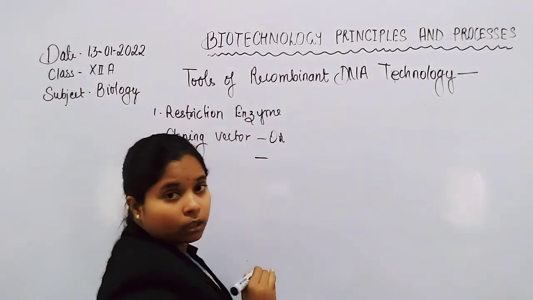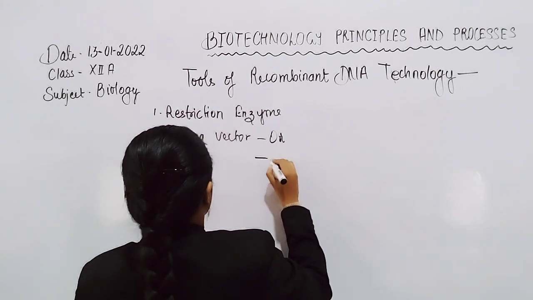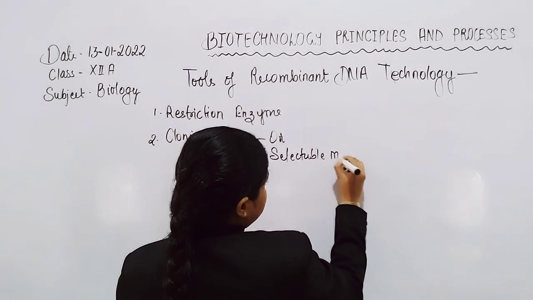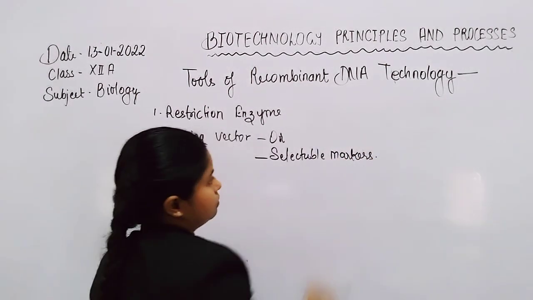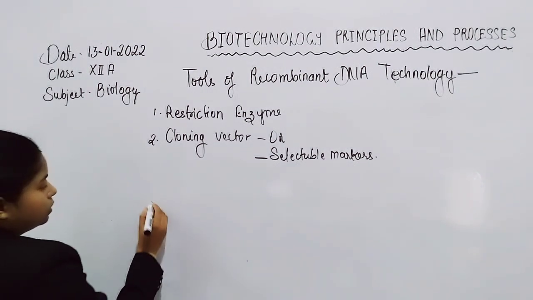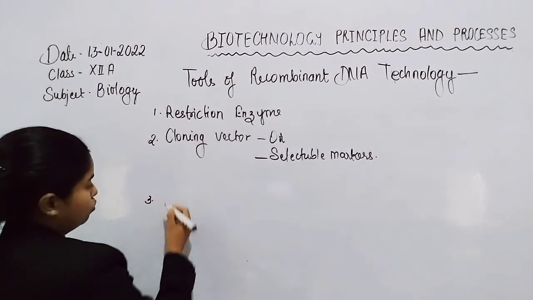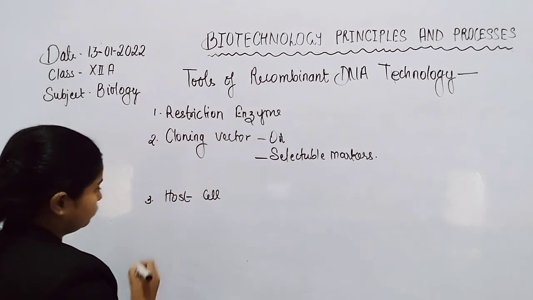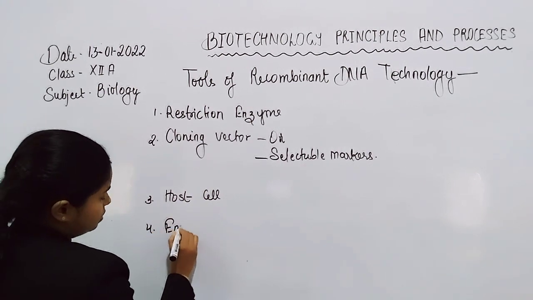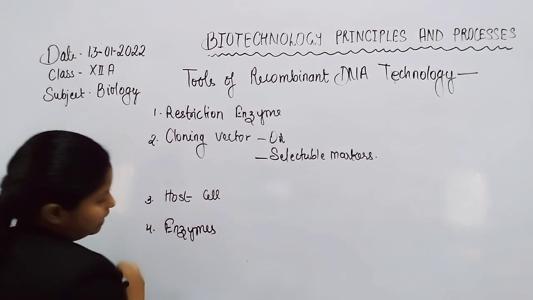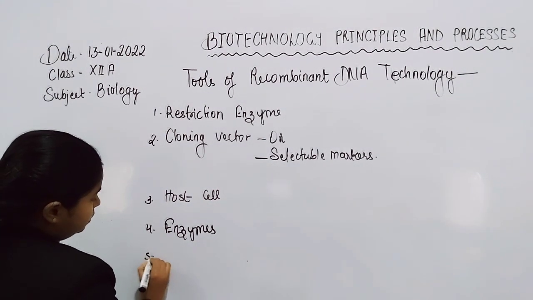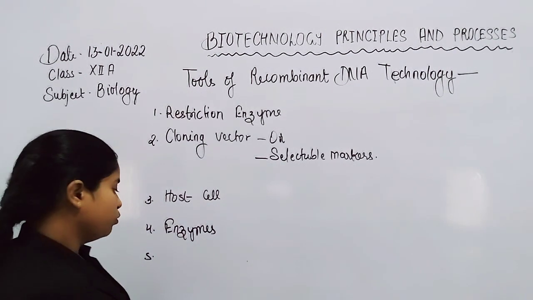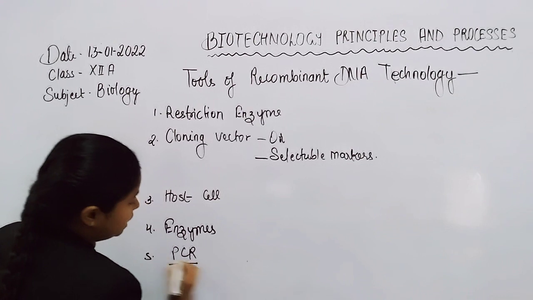Third is the selectable marker. Markers should be present on the cloning vector. Fourth is the host cell. Fifth, in tools we are generally using an amplification tool like PCR, polymerase chain reaction.